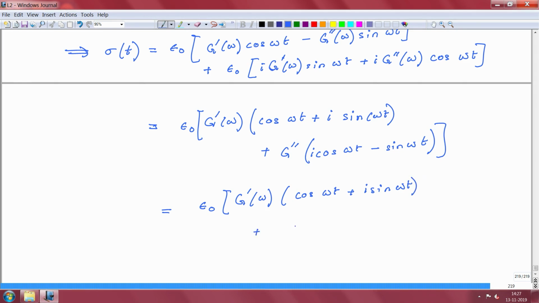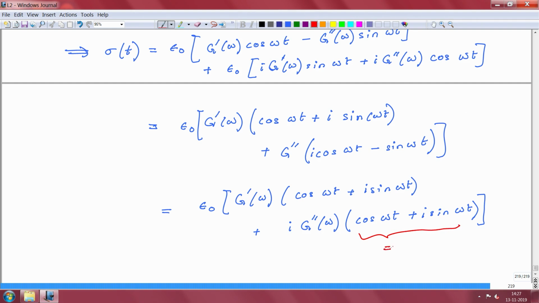And in the second term, I am going to bring the i out. Okay. So, I will just put i, and this is G dash of omega. This is now going to be cosine of omega t. Now, this is going to be plus i times sine omega t. But what is now, you can see that both of these two terms have the same time varying part, right.